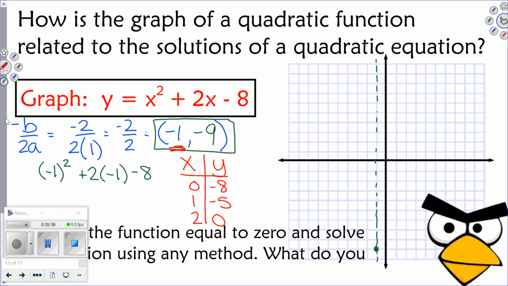So 0, -8, so down 8. And make sure you reflect it. 1, -5. And reflect it. Now, when you're reflecting, be careful that you're reflecting over that dotted line that you drew, not just over the y-axis. I have some people who only want to do it over the y-axis.